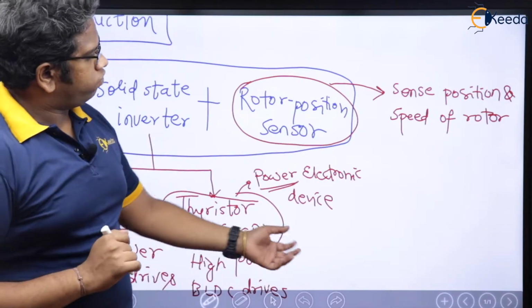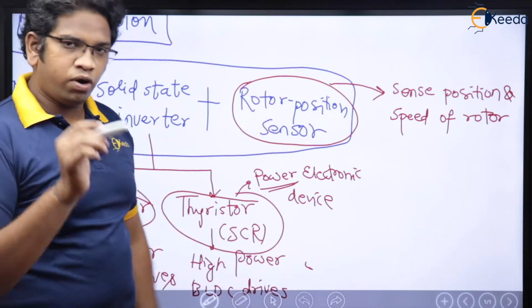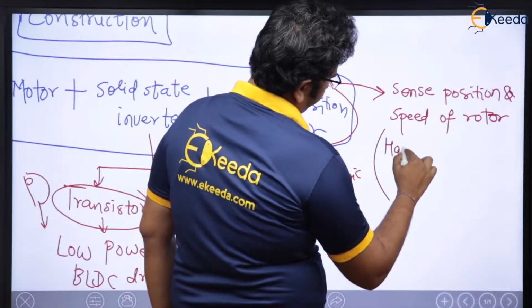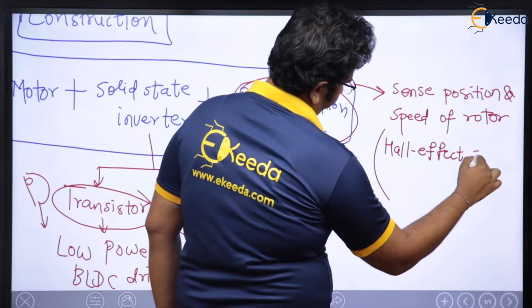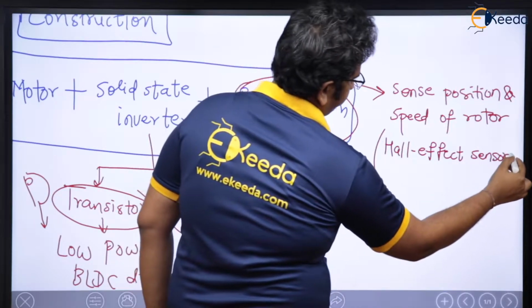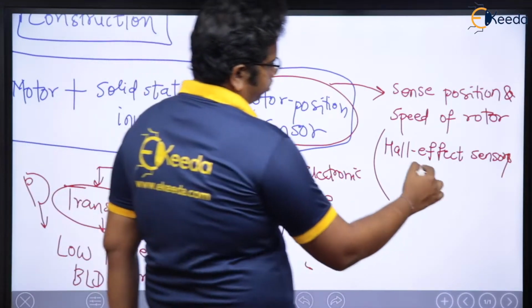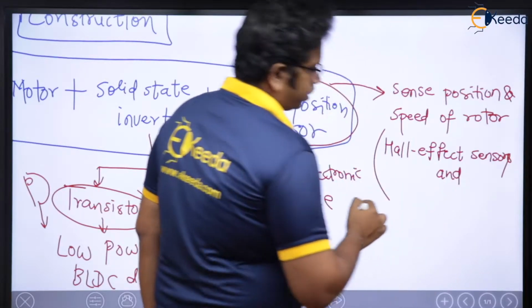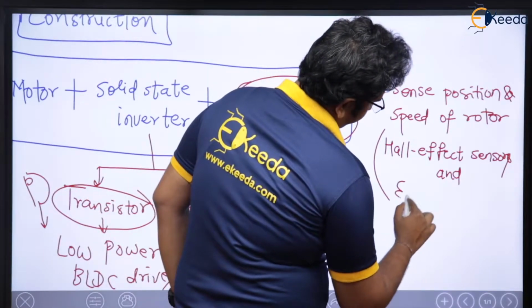Anyways, to sense the rotor position, for this particular purpose we use Hall effect sensors, and we also use electro-optical sensors.